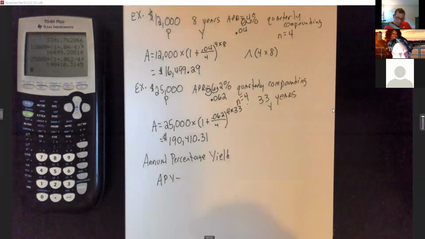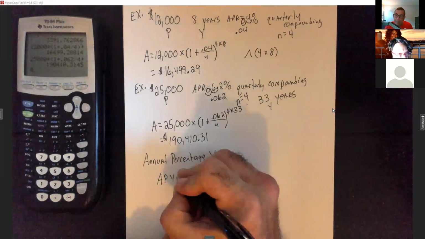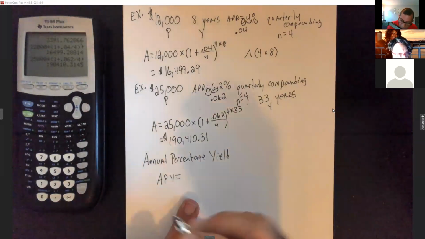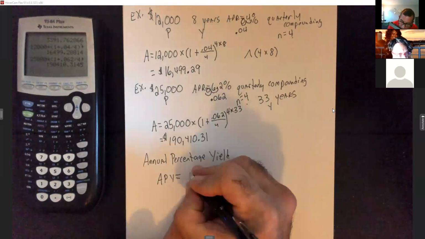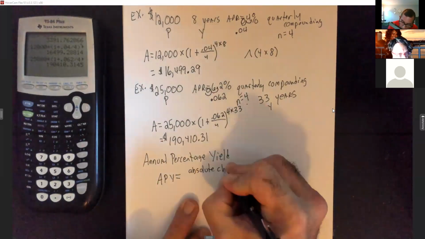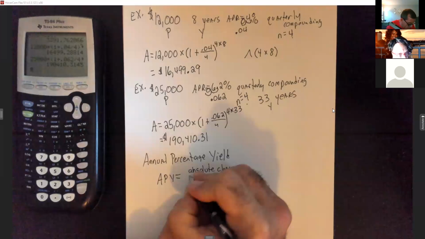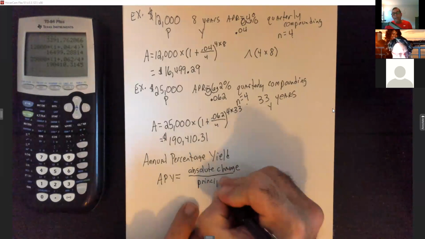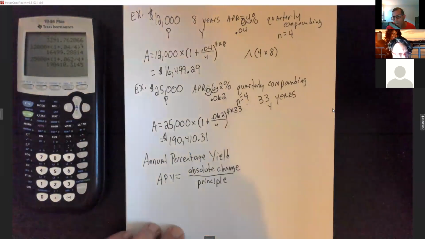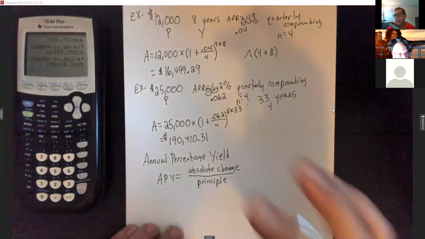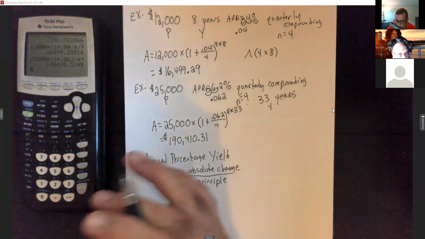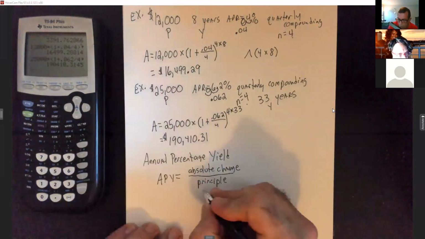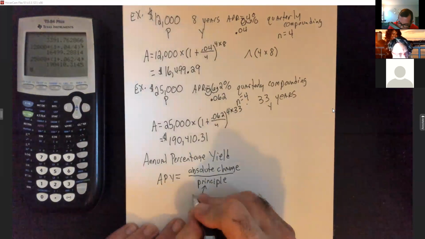So this annual percentage yield, the way we find it is that the APY equals the absolute change over the principal. And y'all, when you use this formula and you just want to compare how interest rates from different banks might actually give you money and how they affect you, you can choose any amount for your principal.